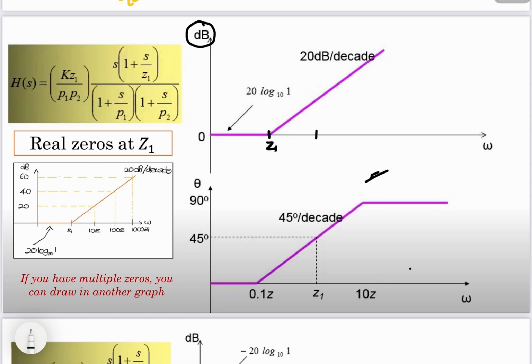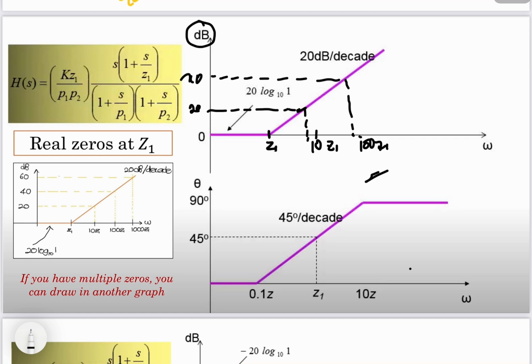So, maksudnya kalau awak ada 10 Z1, so dia akan jadi berapa ni? This one 0, this one must be 20. Okay, selepas tu you ada 40. Okay, 100 Z1 dan seterusnya. Okay, so maksudnya 45 degree tu dia akan naik dekat Z1.